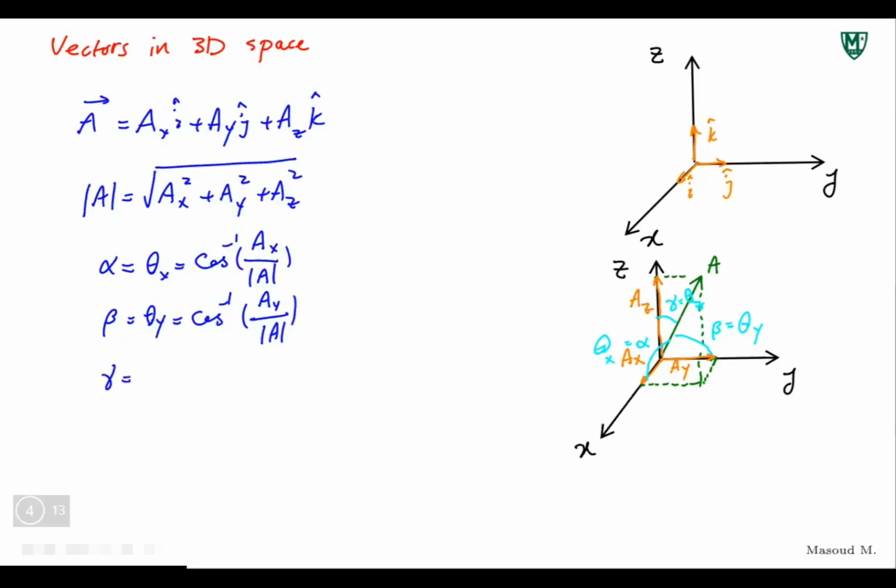And gamma, or theta Z, following the same, cosine inverse AZ divided by the magnitude of A. So if you know the components along each axis and the magnitude of this vector, you can find the angles that vector creates with that specific axis. If you know the angle that vector creates with an axis and the magnitude of that vector, you can find the component, right?